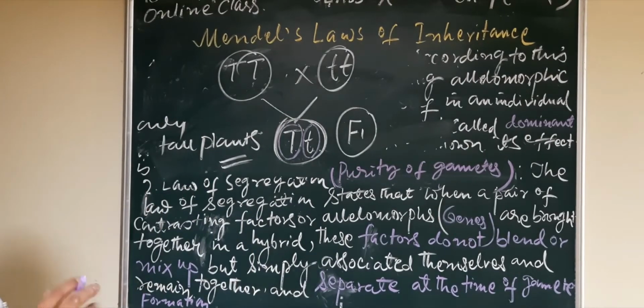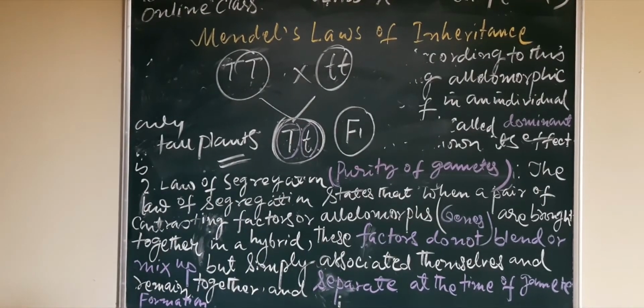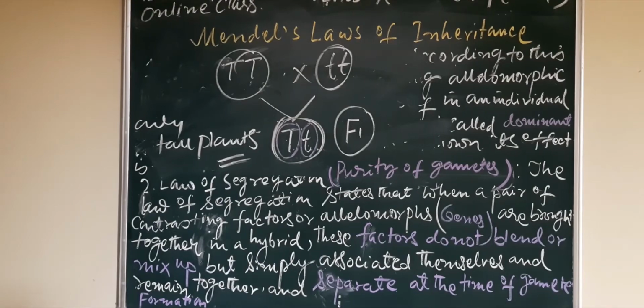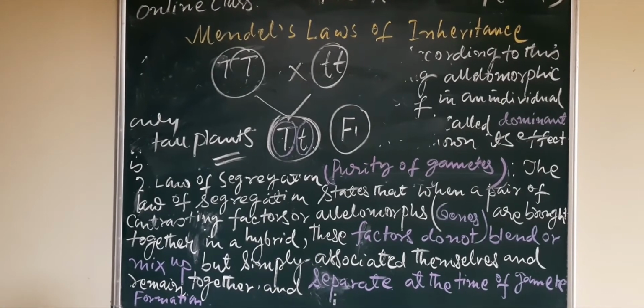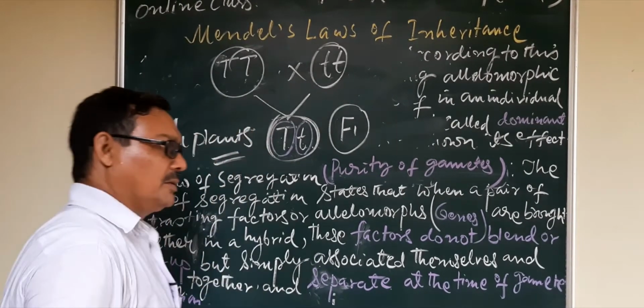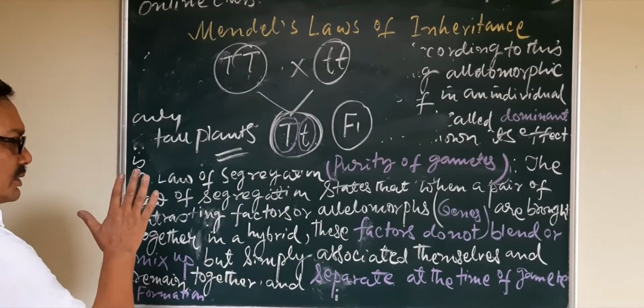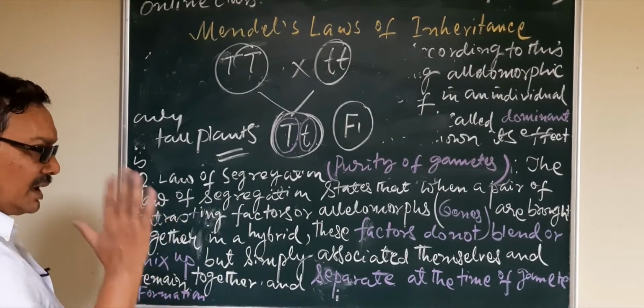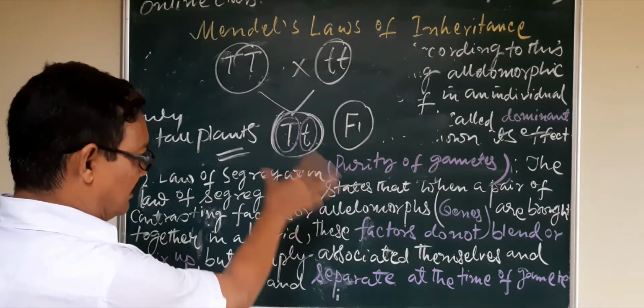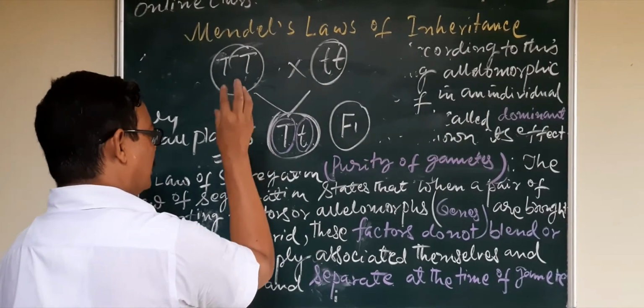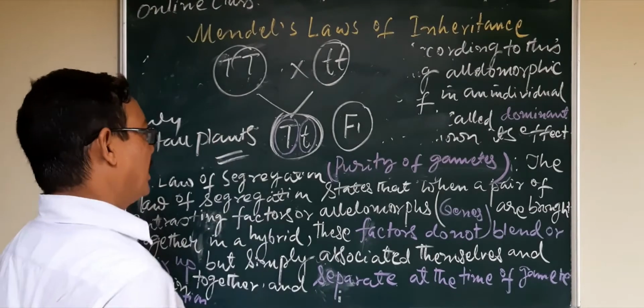This law may have failed in the future when some other experiments were done on the inheritance of traits. But so far as our syllabus is concerned, we have to know that this is the first law of Mendel.